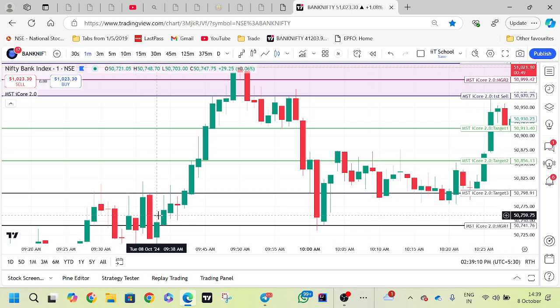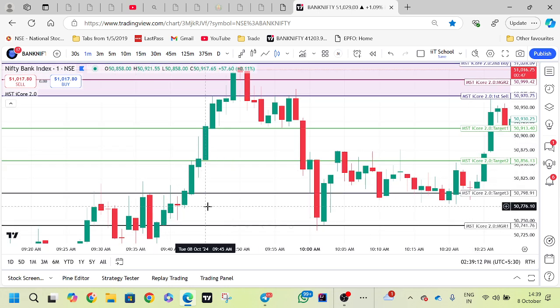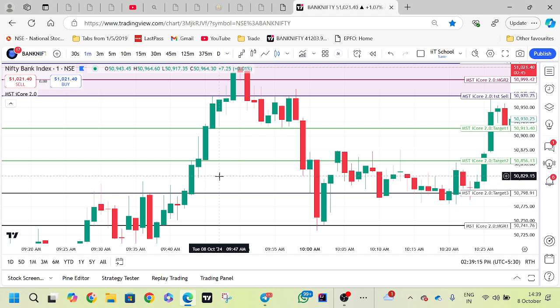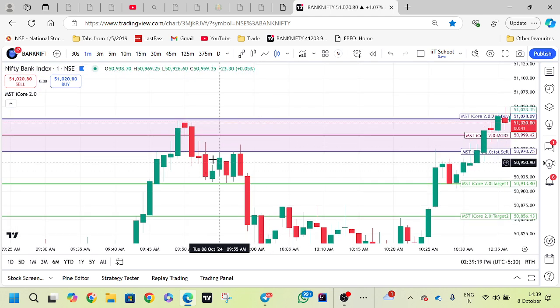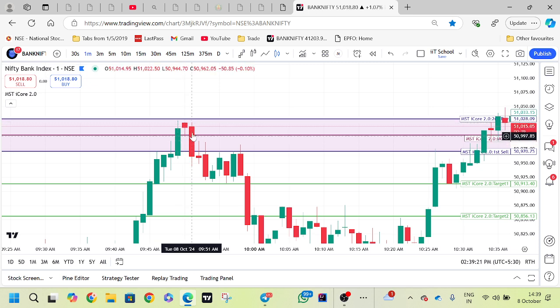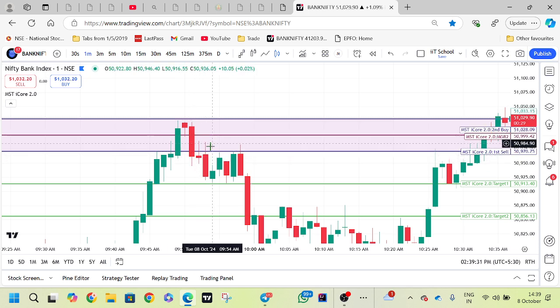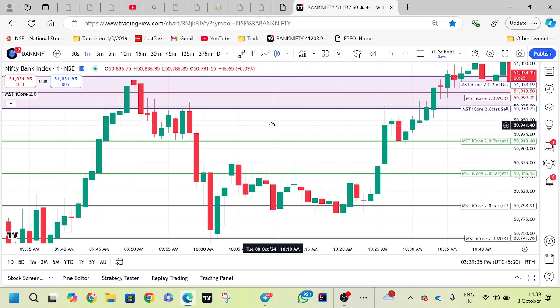So it is clearly indicating that it is a bull market. For the bearish market to start, look at the candles. The power of the candle should be reduced. So here the power of the candle is reduced at 9:52. So in the next candle, if we take the entry, then we may see a drastic fall.